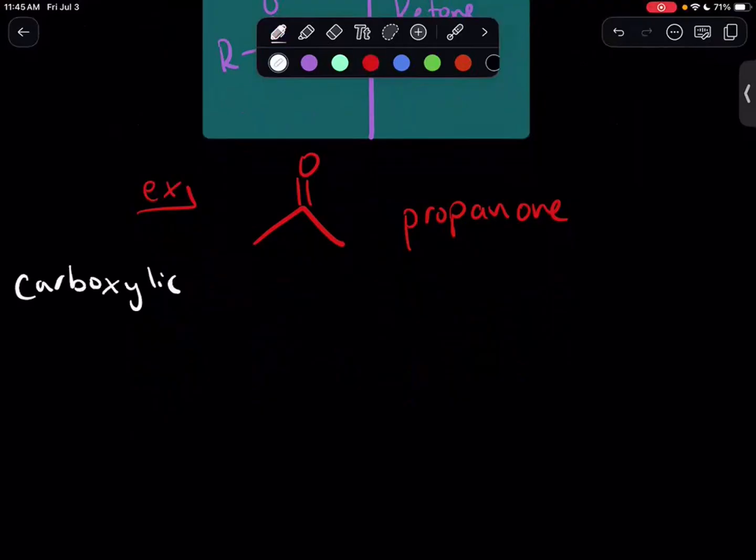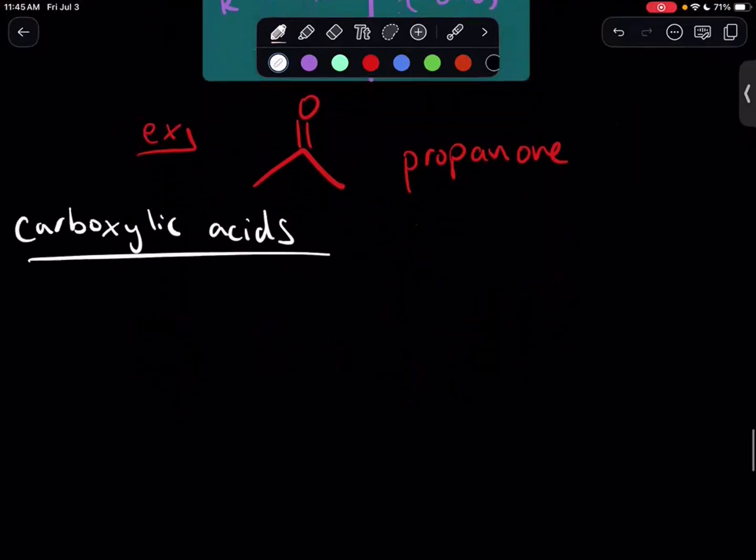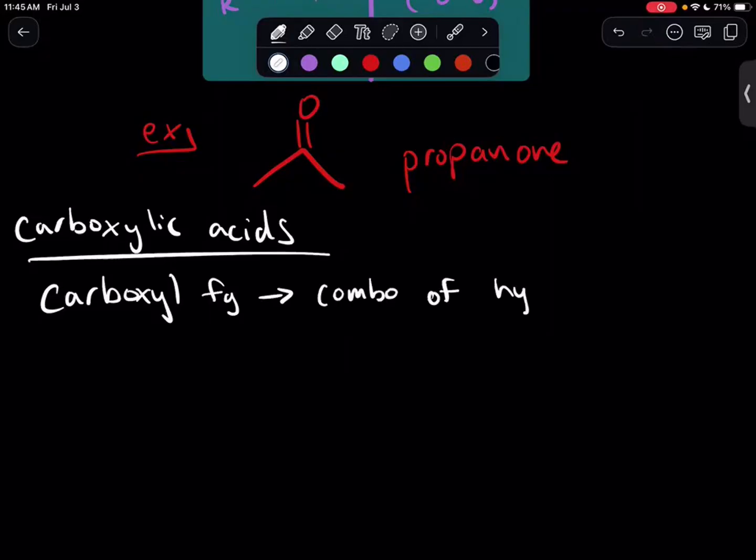carboxylic acids. Carboxylic acids are interesting. They are the carboxyl functional group, and carboxyl is actually a combo of hydroxyl and carbonyl. So it brings those two together.